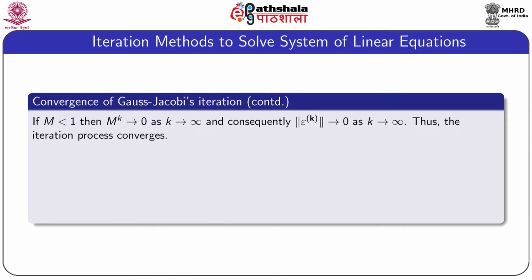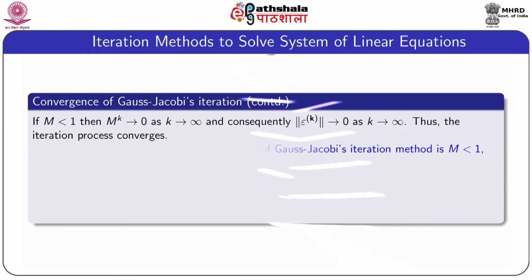Now, if M is strictly less than 1, then obviously M to the power k tends to 0 for large k, and consequently the norm of the error vector at kth iteration tends to 0 when k tends to infinity. Thus, we can conclude that the iteration method converges if M is less than 1.